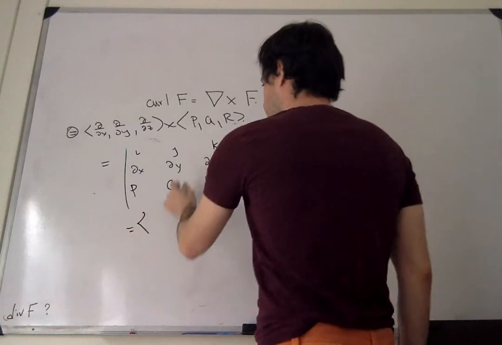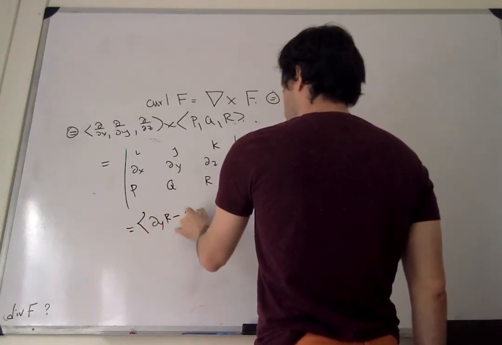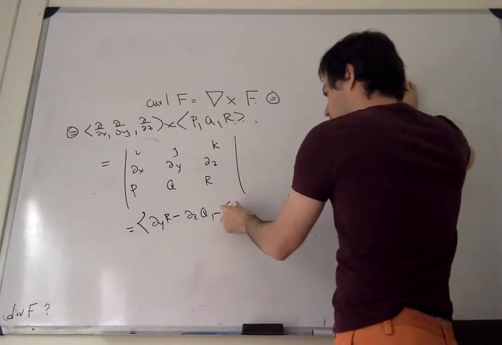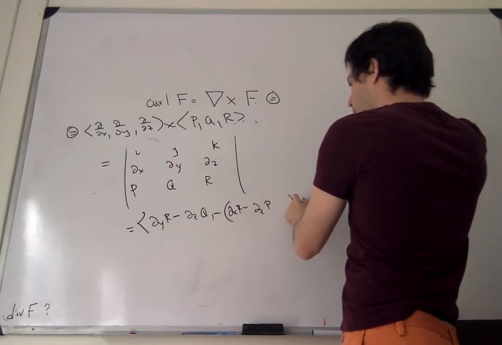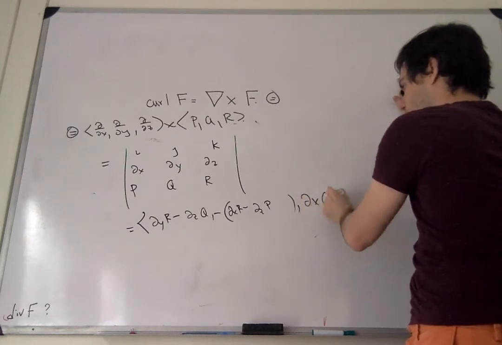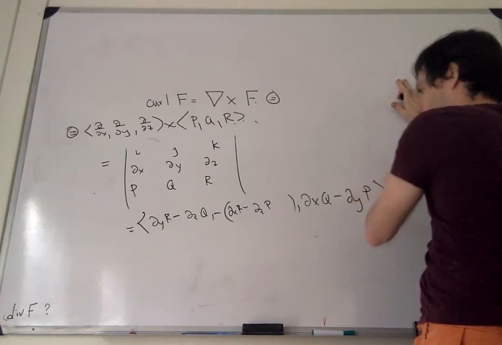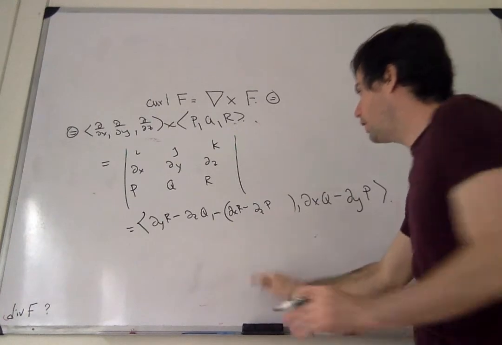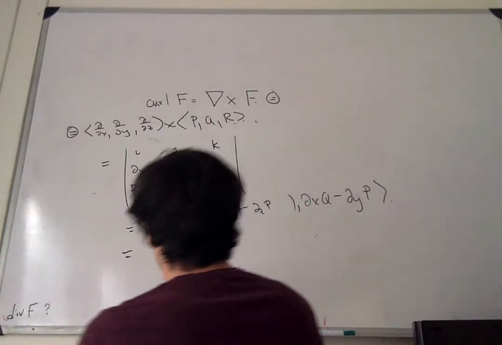So this is ∂y R minus ∂z Q, minus ∂x R minus ∂z P, and finally ∂x Q minus ∂y P. So we could rewrite the final version.